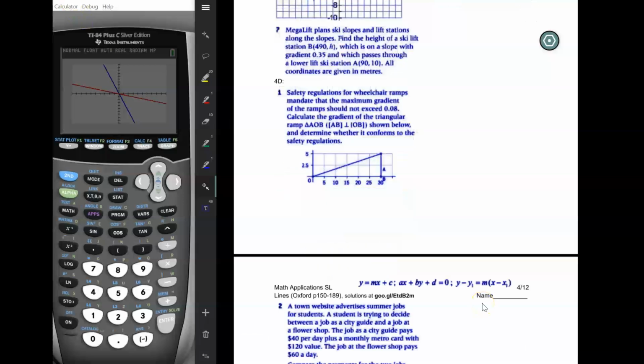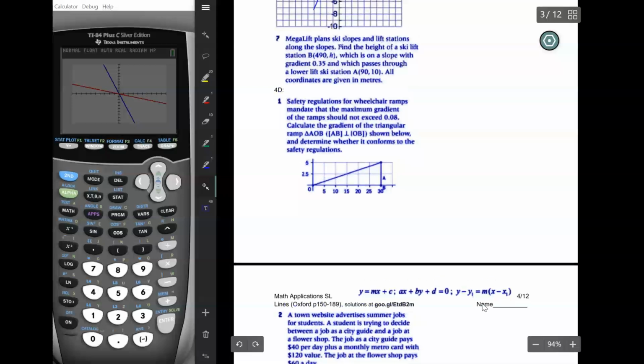So here we're going to learn a different way to do this later, but right now we're just talking about slopes. So let's use the slope equation. The slope equation tells us that (y2 - y1) over (x2 - x1) is the slope, right? So the slope in this case is 0.35. The number 1 point is (90, 10) and the number 2 point is (490, h).